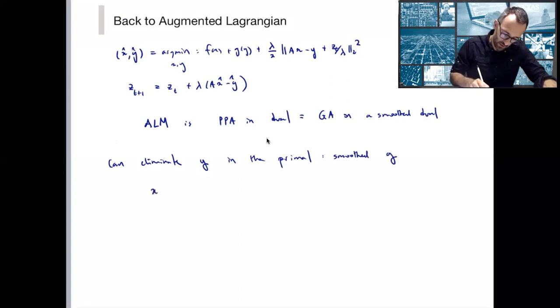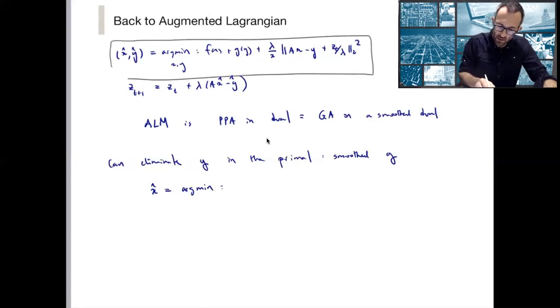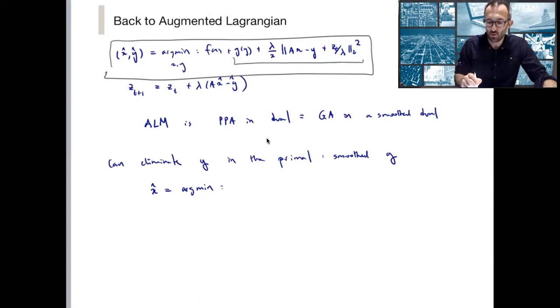So in other words, this leads to something like x hat equals argmin of, so specifically what I'm doing here is looking at this in the box, observe that y is only present in the last two terms, and so I could carry the minimization over to those last two terms and actually perform it. So what is the minimization going to be in those last two terms? That's a minimum of g of y plus a smoothing term.